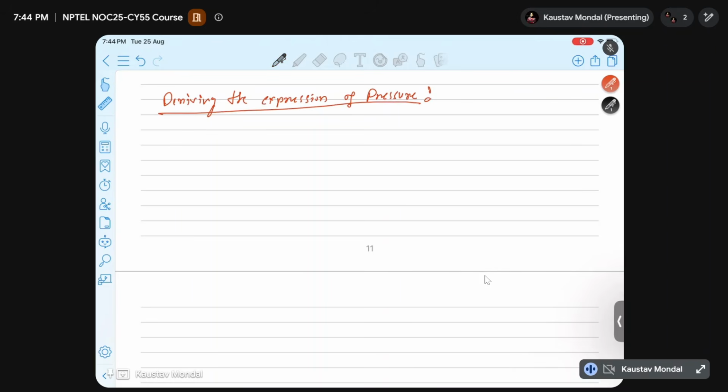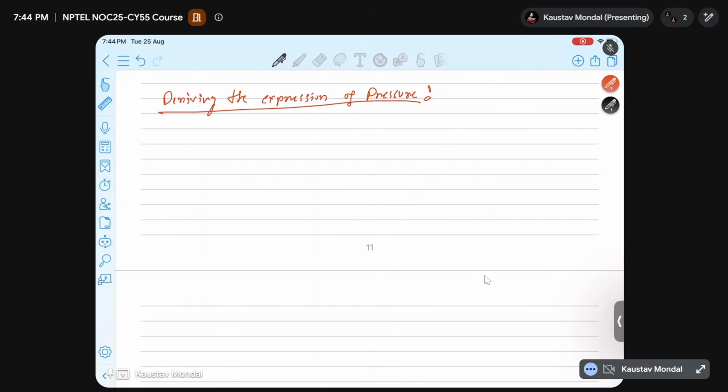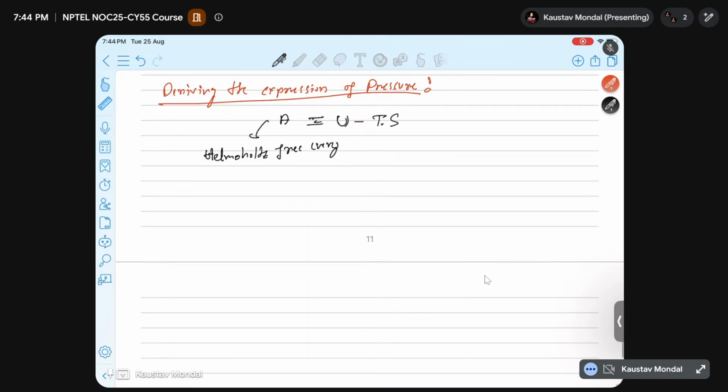So before deriving the pressure equation, we basically need the concept of Helmholtz free energy. So Helmholtz free energy A is defined as U, the internal energy, minus T into S. So dA you can write as dU minus TdS minus S dT.